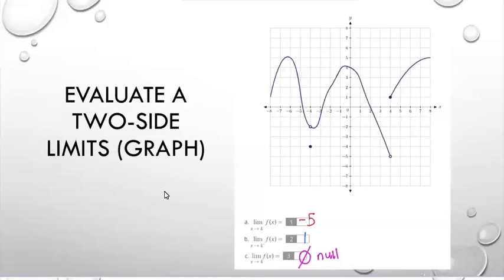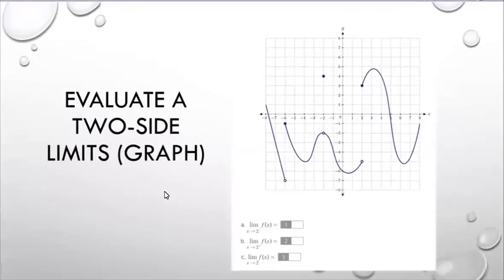All right, again, you see how you are coming in this direction, and then from here you have to jump on to continue. So the limits are different because the function is approaching two different y values from the right and from the left.